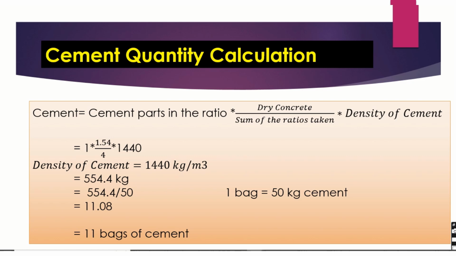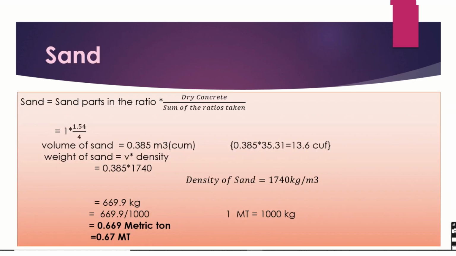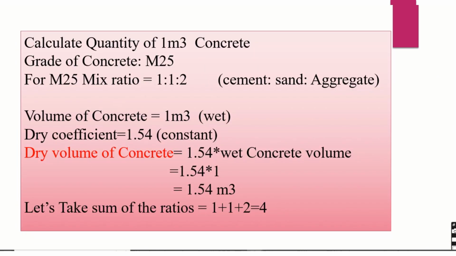Let's move ahead and calculate the quantity of sand. In case of sand, we need the sand parts in the ratio, that is sand content, into dry concrete, divided by the sum of the ratio. Here the sand parts in the ratio, let's go back, is 1.